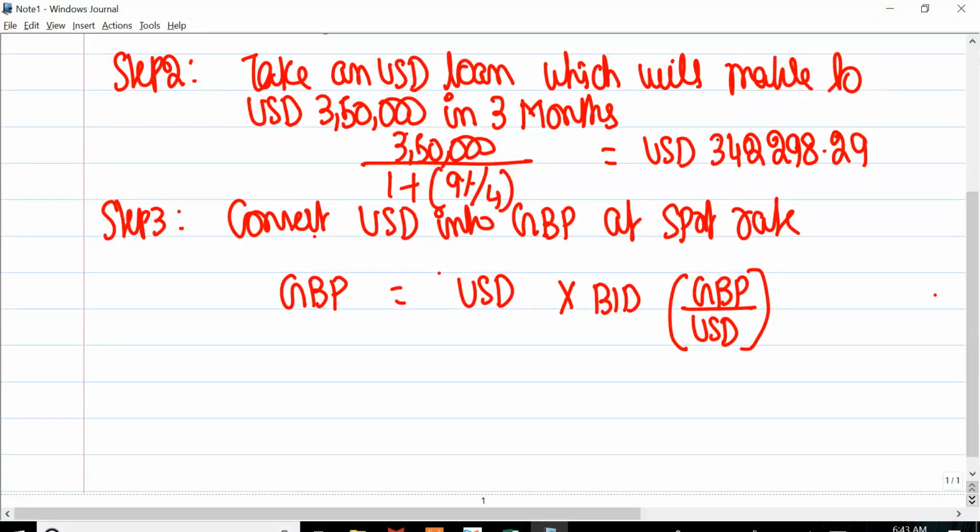We are going to sell. Bank will buy at the bid rate. If we have GBP per USD, use it. Otherwise, 1 by ask USD per GBP. USD is 342,298.29.